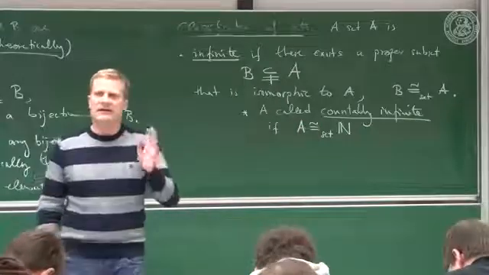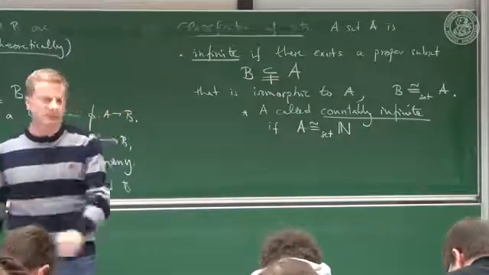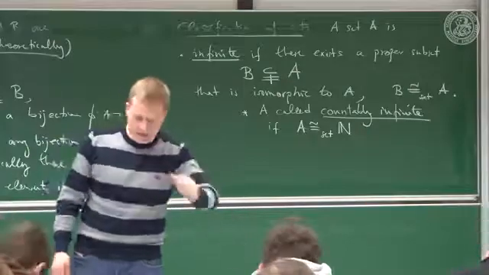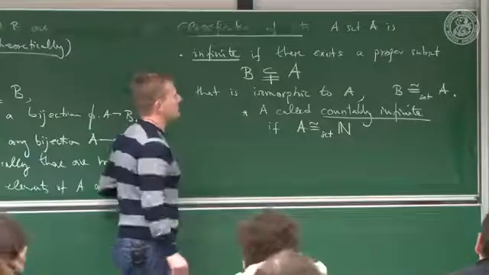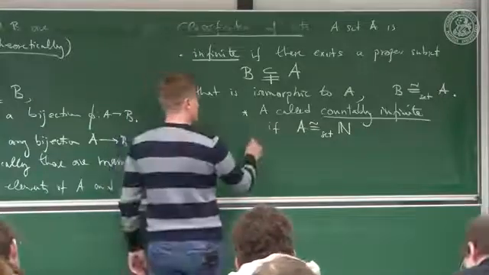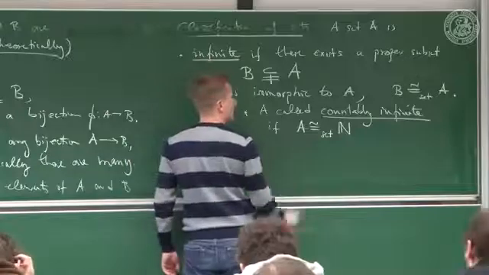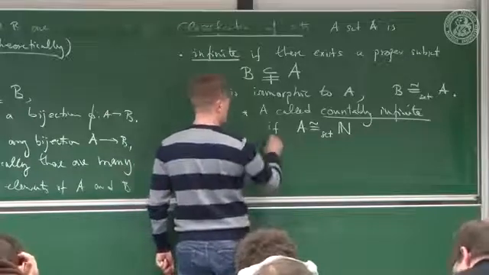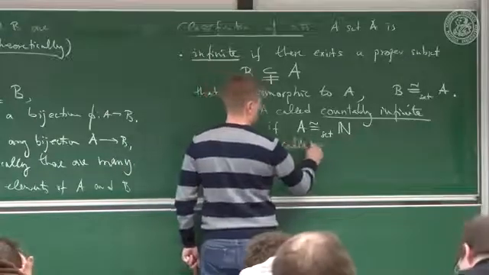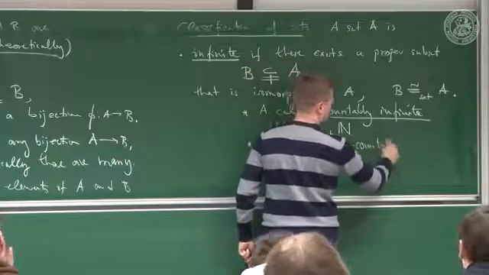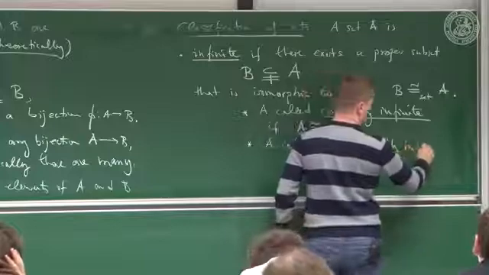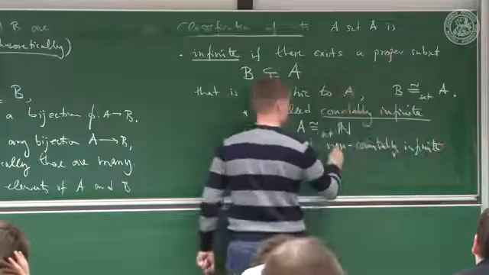The intuition is if you can label the elements of a set, if you can attach a label, number 1, number 2, number 3, if you can label all the elements, the set is called countably infinite, and the set is called uncountably infinite, or non-countably infinite, otherwise.